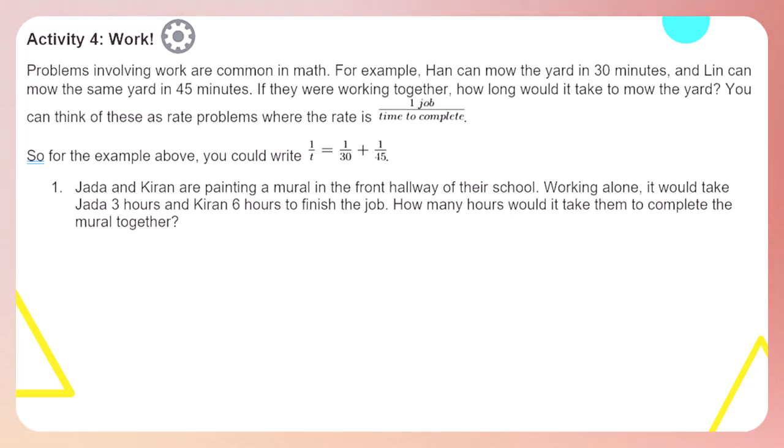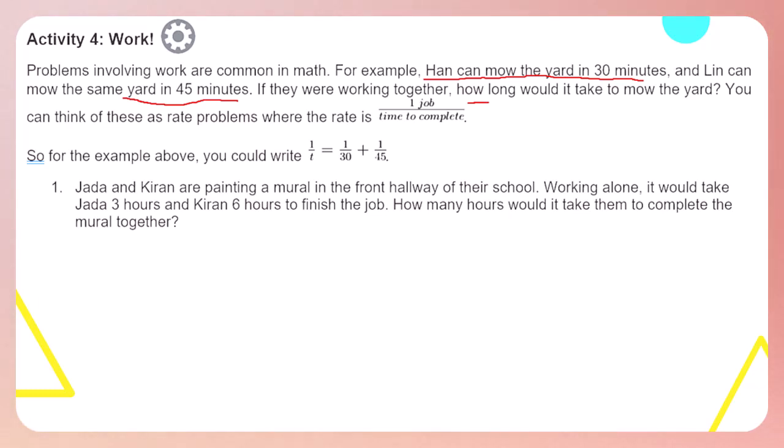All right, we have a work problem on activity number 4. These are common. For example, we have Han that can mow the yard in 30 minutes, and Lynn can mow the same yard in 45 minutes. Now, if they were working together, how long would it take them to mow the yard? So our fraction is one job over the time to complete.